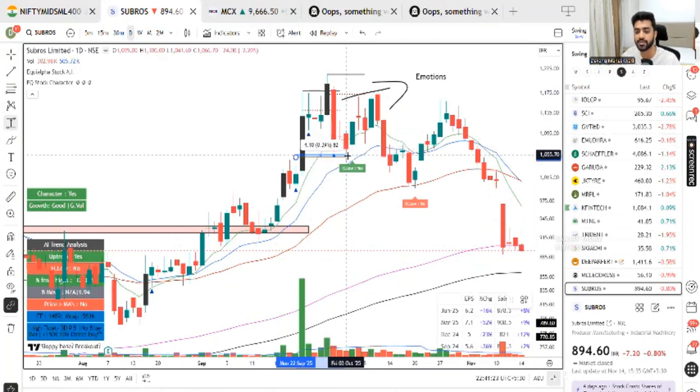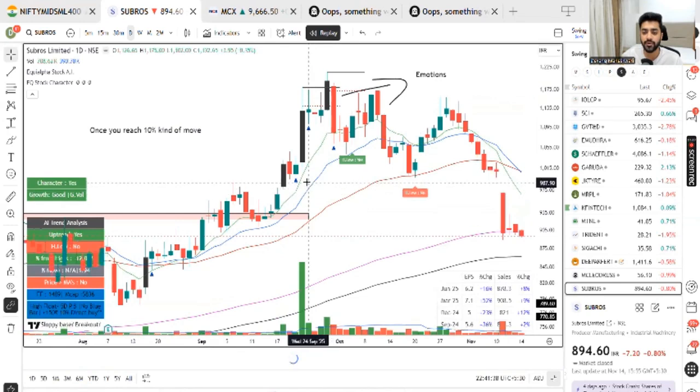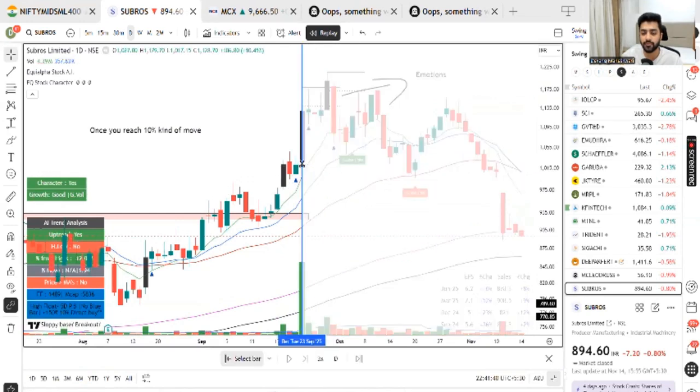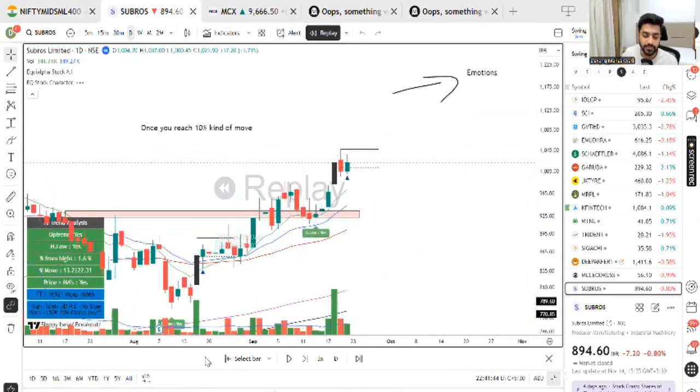In this case, once you reach a 10% kind of move, then you don't want your follow through level to get penetrated. So this is what I do.